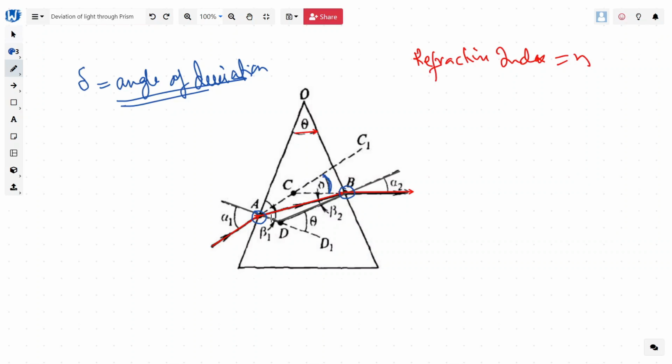But this is a very general case. This is the light ray which is coming in. Here we have angle of incidence alpha 1, it gets refracted, so we have this angle beta 1, and hits the interface here at a certain angle. This is the normal, so this is going to be another angle of incidence here.